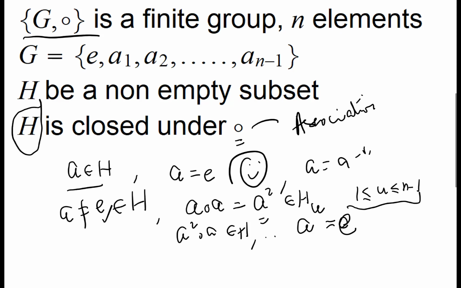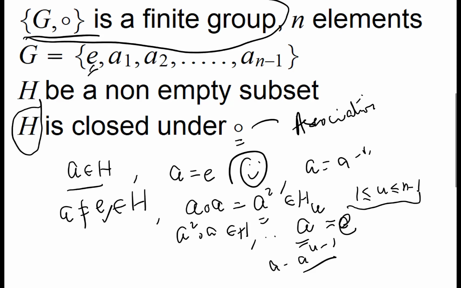We will have the identity just because of the closure, sometime it will go ahead and hit E. And then from this, you can split it as A times A to the U minus 1, and that will give you the inverse. So the formal writing of this I'm leaving for you as an exercise: if you have a finite group, then for a non-empty subset to be a subgroup, just closure under the operation is enough.